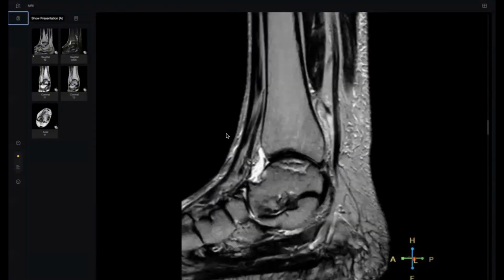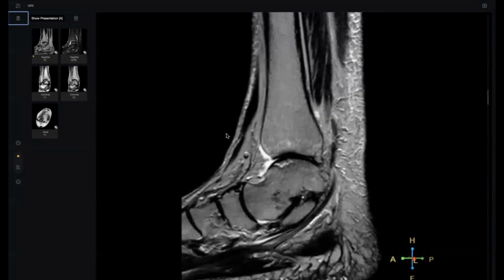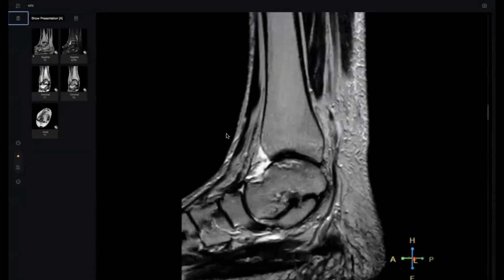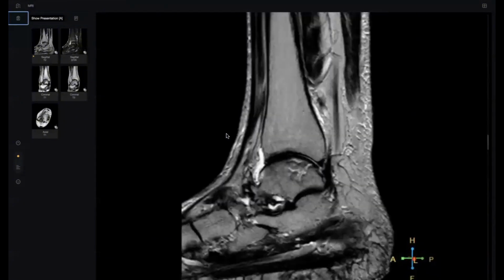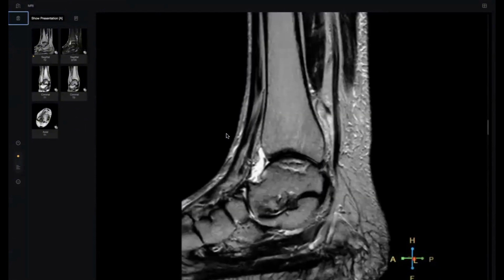You find something in the talus, okay? So after describing, give me a differential and then go through the rest of the exam. What's your differential? The differential diagnosis, first I'm thinking about avascular necrosis within the talus bone.